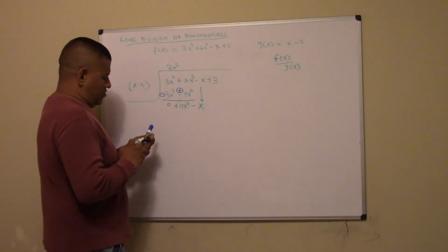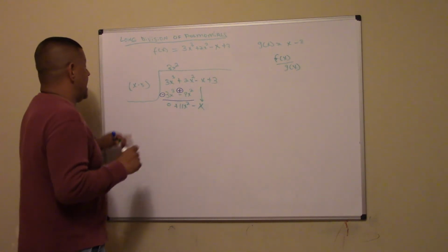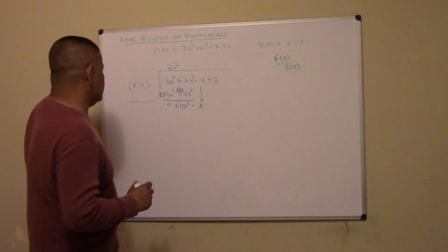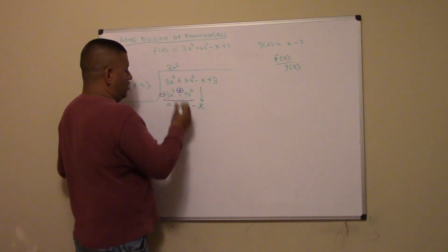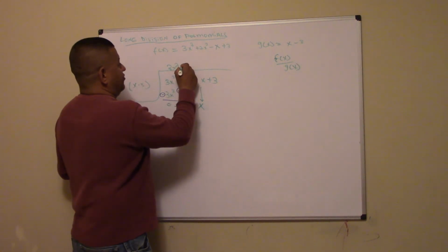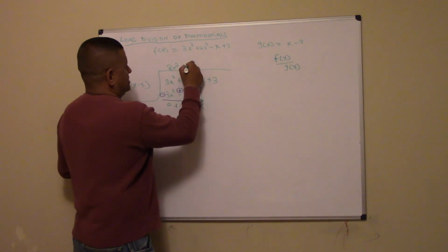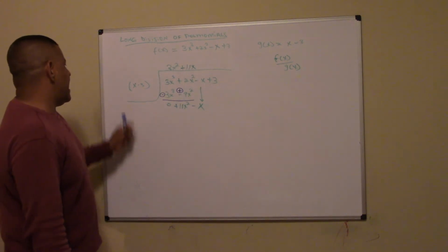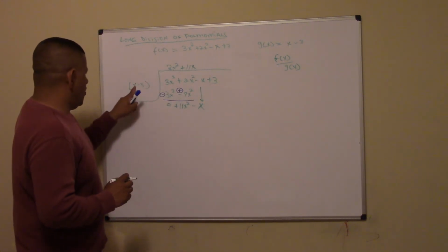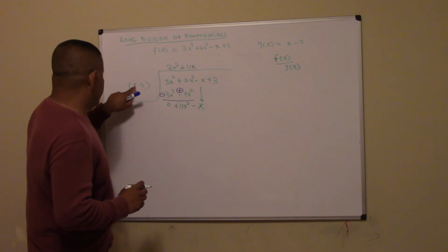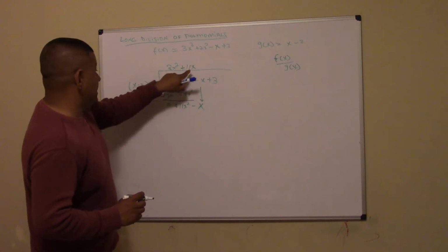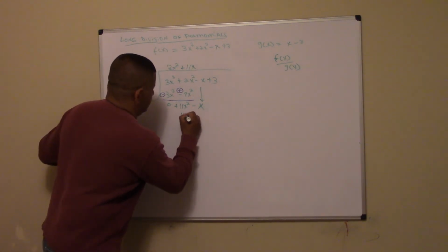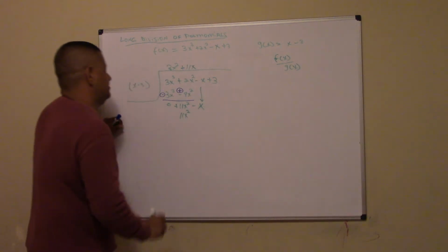Okay, so let's do the operation again. How do I get 11x squared? The only way that I can get 11x squared is by putting 11x right here. When I do this operation again, x times 11x is equal to 11x squared.